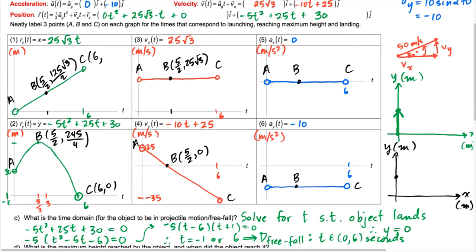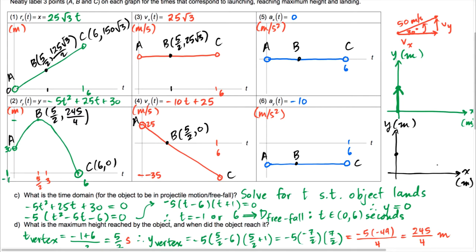if I substitute 6 into this equation, I'm going to get 25 times 6, which is 150 root 3. What I am doing here is saying that the initial point is at 0 comma 30, and then the final point is at 150 root 3 comma 0 for the height.